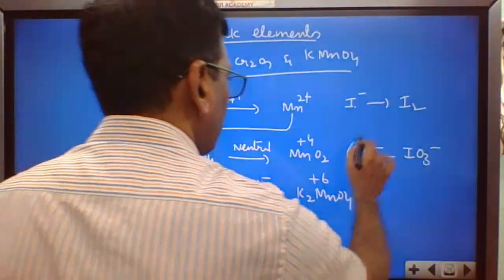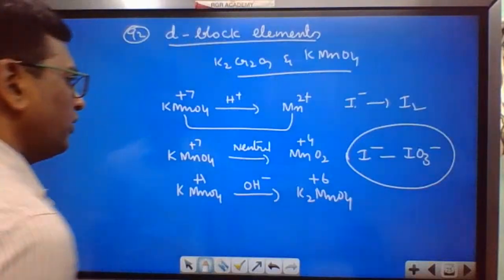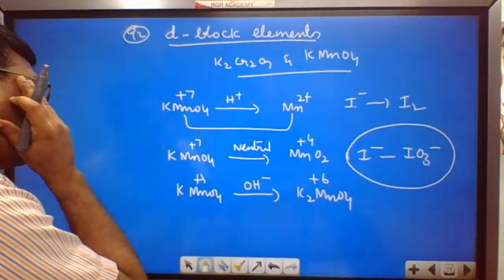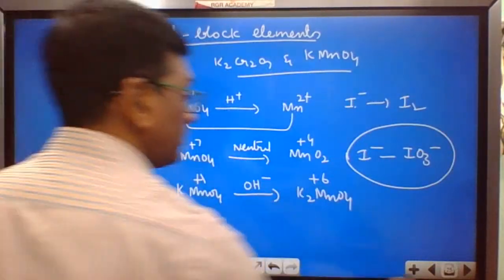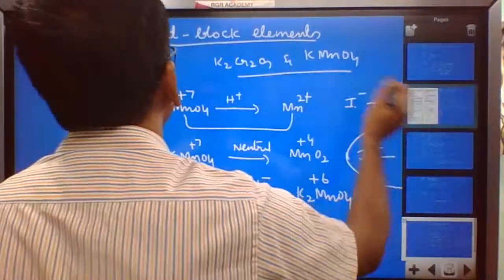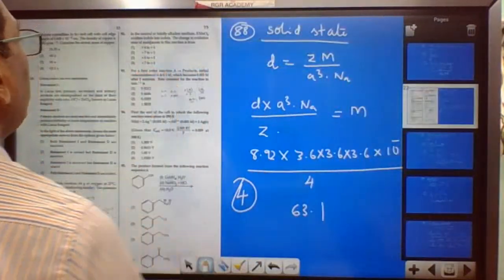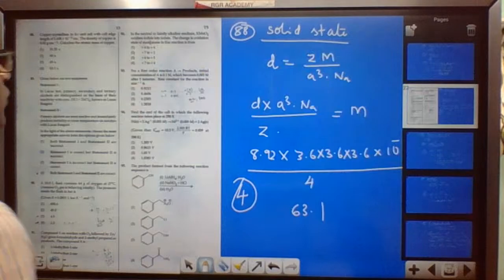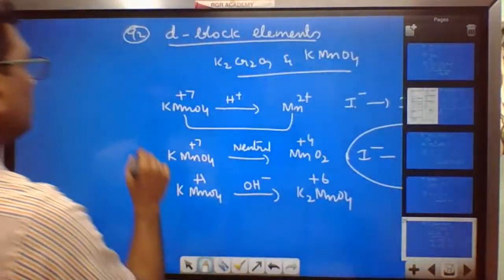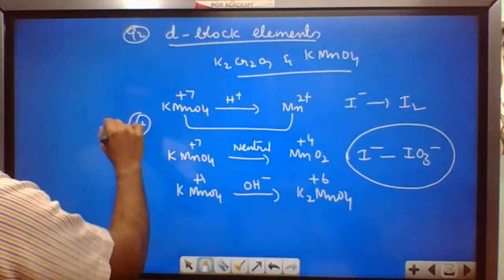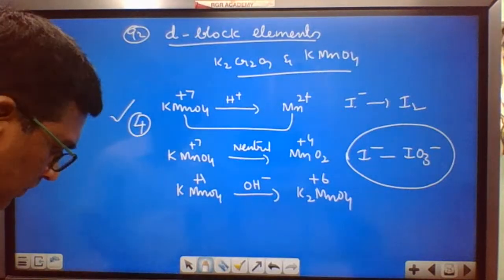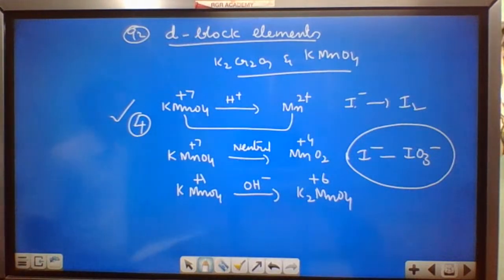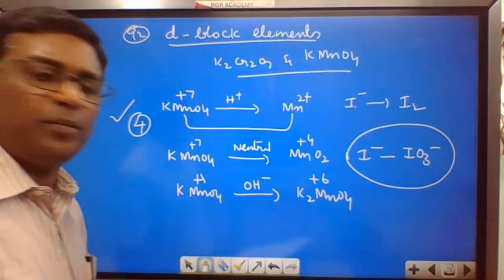So hence iodide is converted into iodate, meaning it's a neutral or fairly alkaline medium. So the oxidation state is changing from +7 to +4. So for 92, the fourth option is the right option.